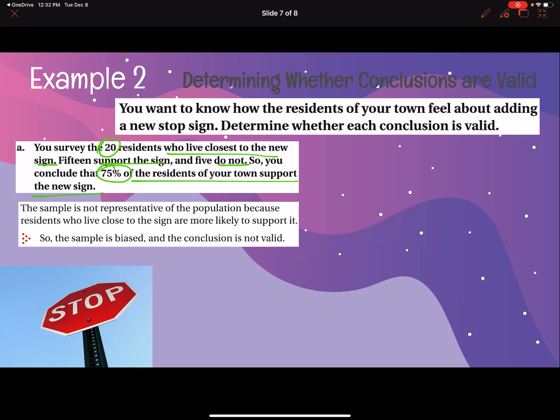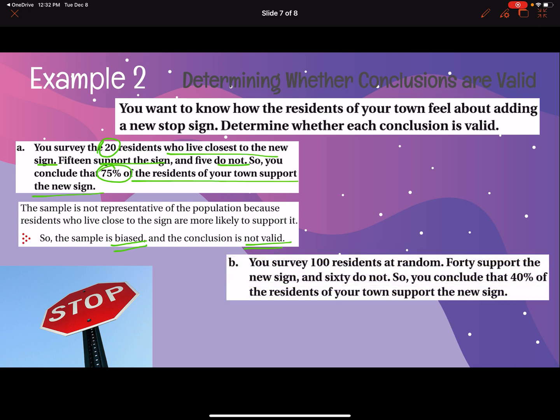The sample is not representative of the population because residents who live close to the sign are more likely to support it. They want the sign there. So the sample is biased and our conclusion is not valid. So biased sample, not valid conclusion.